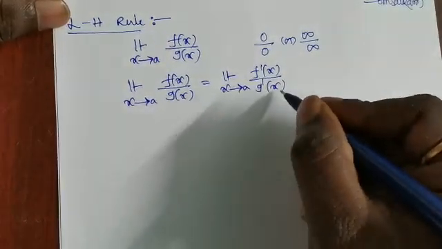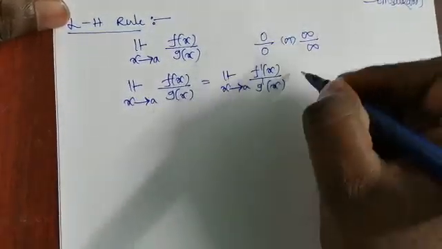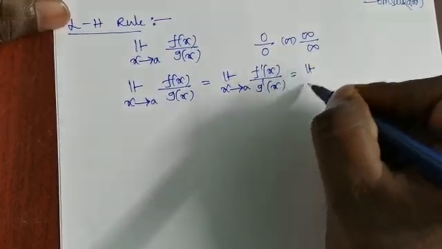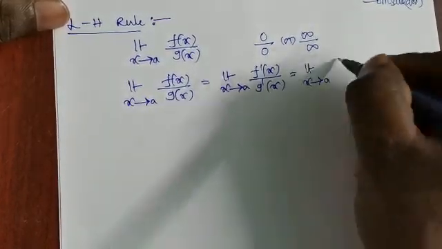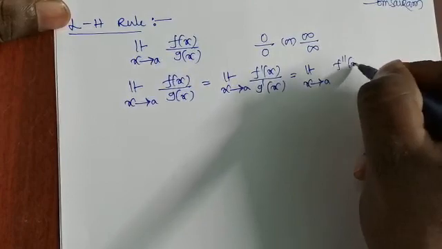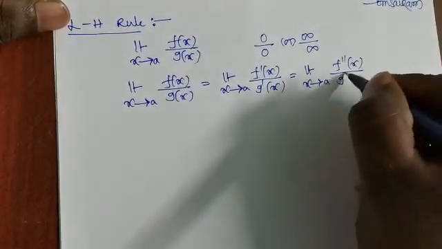After solving this also, if we get 0 by 0 or infinity by infinity, we can continue like this. That is limit x tends to a of f double dash of x by g double dash of x.